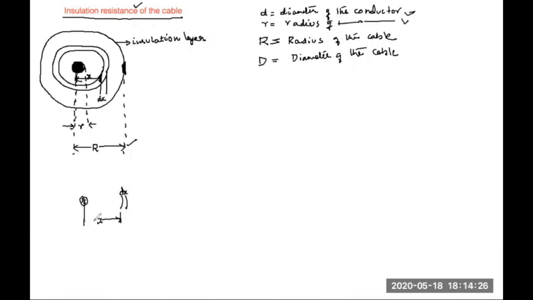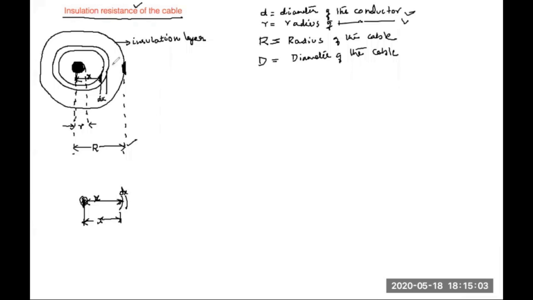So I am considering the small section dx, which is at a distance x from the center. Clear? From the center of the conductor till the elementary section, the distance is x. Why am I so bothered? Because each and every parameter is important here. Okay, now let us start.